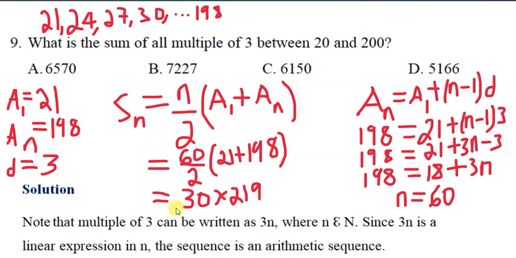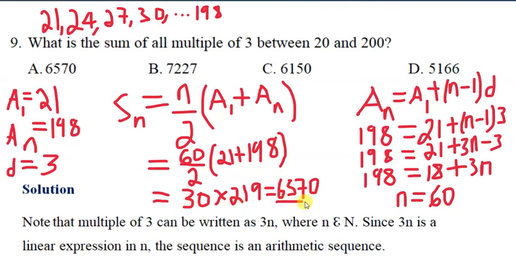Then multiply these results. 3 times 9 is 27. We have 2. 3 times 1 is 3. 3 and 2, it is 5. And also 3 times 2 is 6.